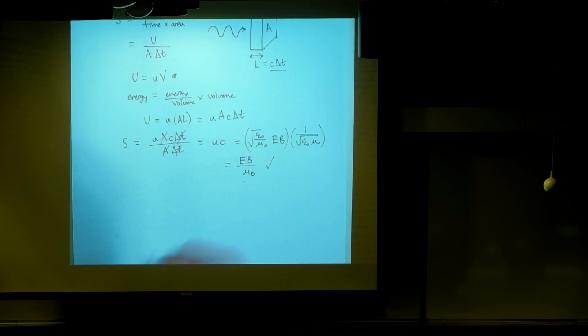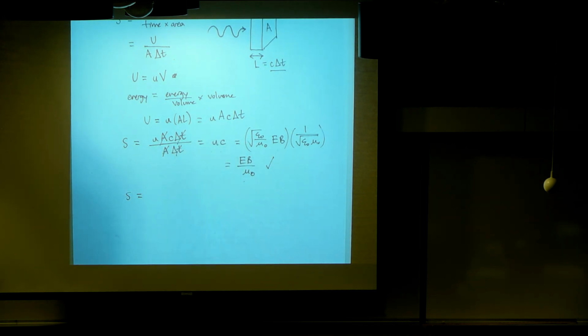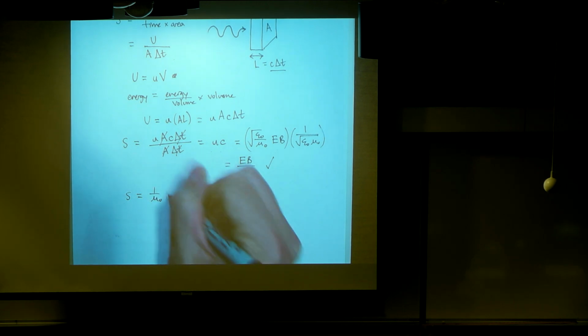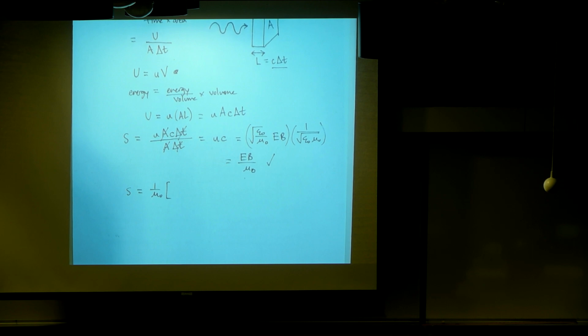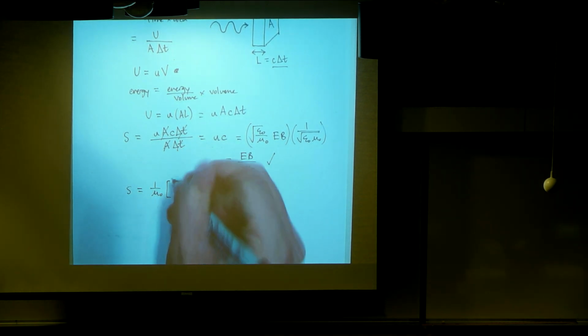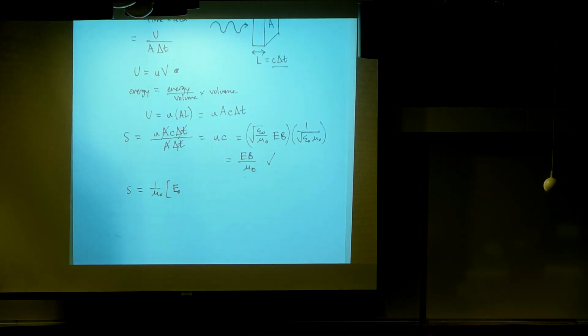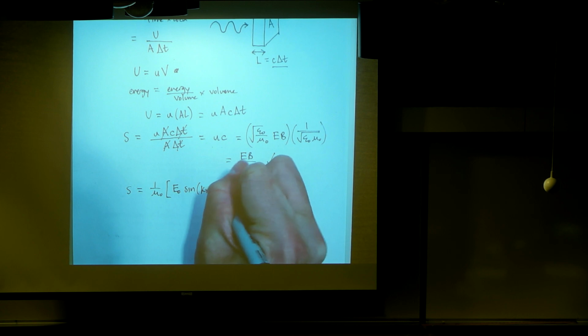All right, so here we go. Basically, in this expression, I have 1 divided by mu naught, and then that's multiplying E, and that's also multiplying B. I'm just going to remind you that E is some kind of amplitude E naught times sine(kx minus omega t).